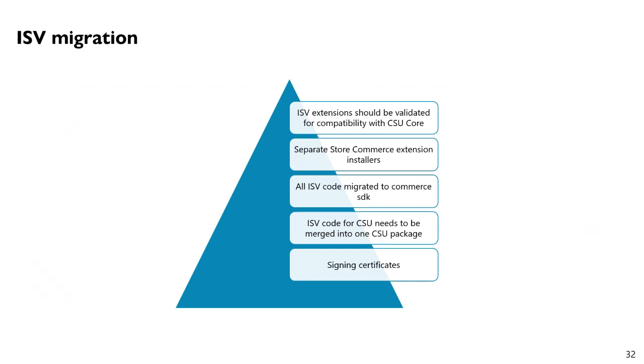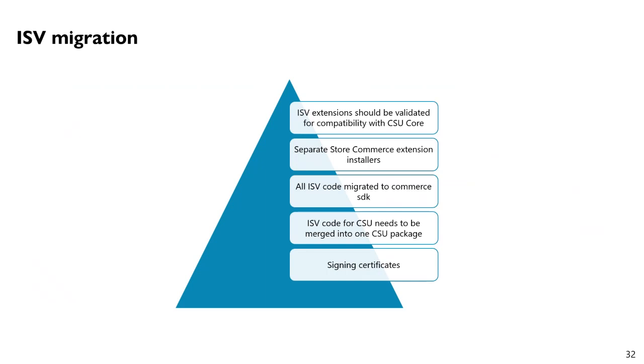The CSU core runtime is built by using ASP.NET Core as well as .NET Core. Therefore, extensions that were created by using the legacy .NET framework and retail SDK packages won't run in the CSU core. So you can validate your extensions by running an extension test.